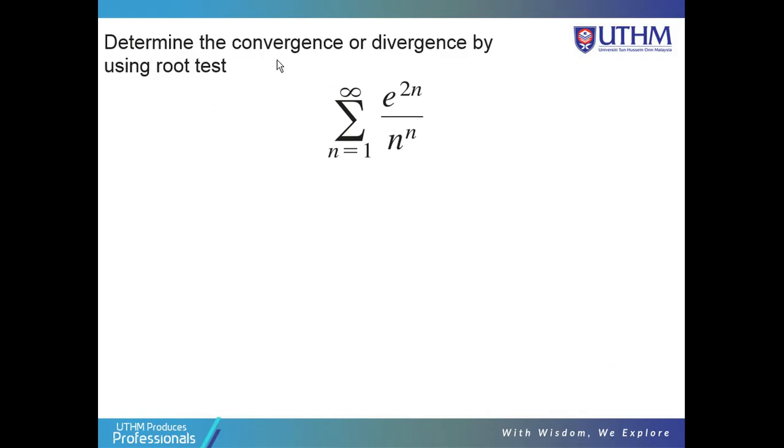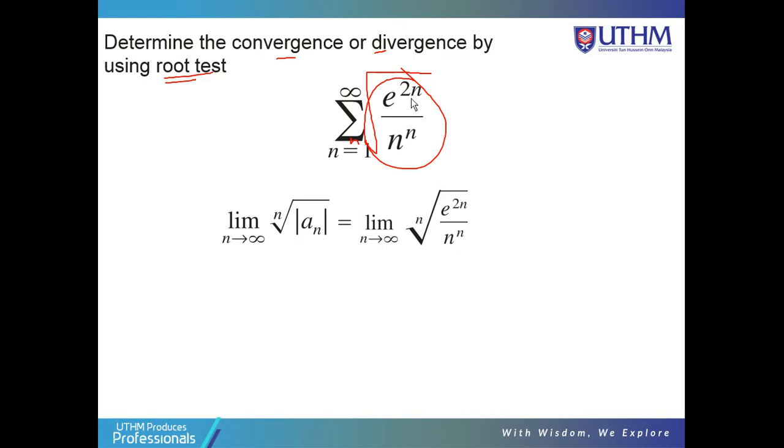Determine whether the series is convergent or divergent by using the root test. So for the root test you take the n-th root of a_n, and then you take the limit. So the n-th root of (2n over n)^n is the exponent 1 over n, so 1 over n multiplied gives 2n over n, n multiplied by 1 over n gives n over n.